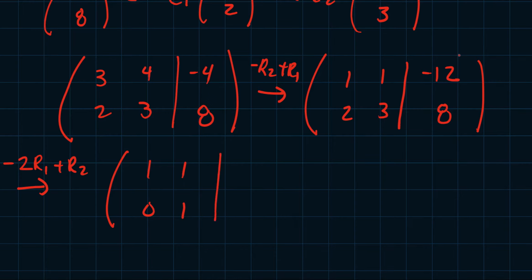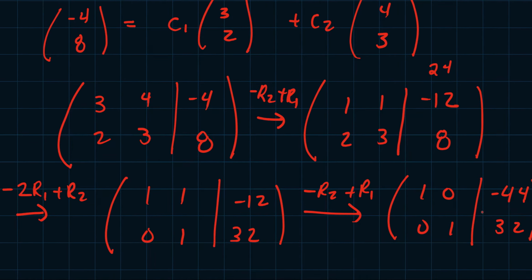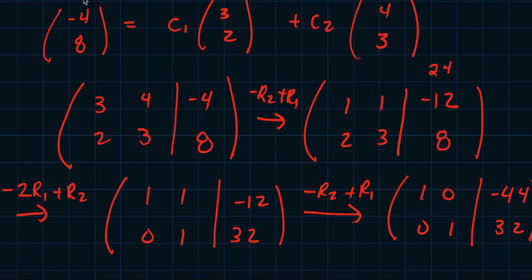So we're multiplying by negative 2, so this will be 24, so 32 and negative 12. And then I just want to subtract row 2 from row 1. I'll get 1, 0, 0, 1, negative 44, 32. It's really big numbers, but let's see if it works. So I'm going to put a negative 44 here and a 32 here.